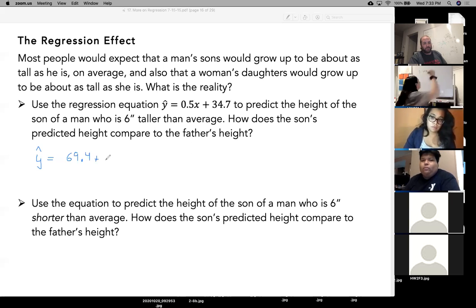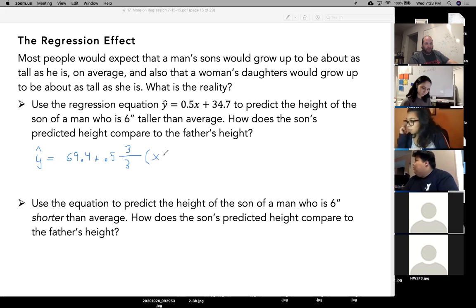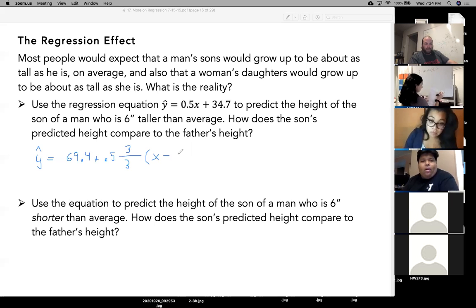R was 0.5 times SY over SX. SY is 3, SX is 3, parentheses, X minus, and what was X bar? 69.4.